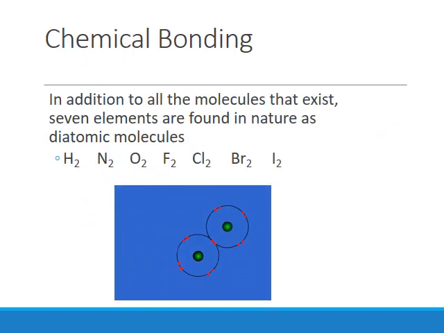And of all the molecules that exist from different atoms bonding together, 7 elements are bonded to each other. These are called homonuclear diatomic molecules: hydrogen, nitrogen, oxygen, fluorine, chlorine, bromine, and iodine. When you see a sample of all of these, these are in the form of 2 atoms bonded together.